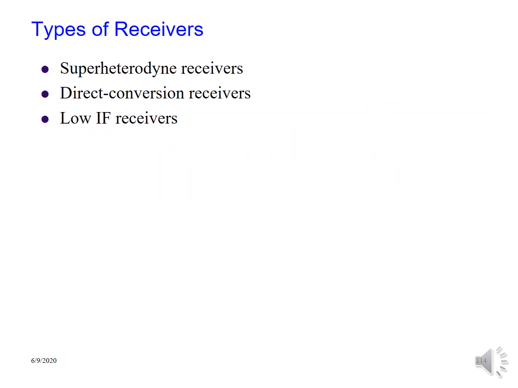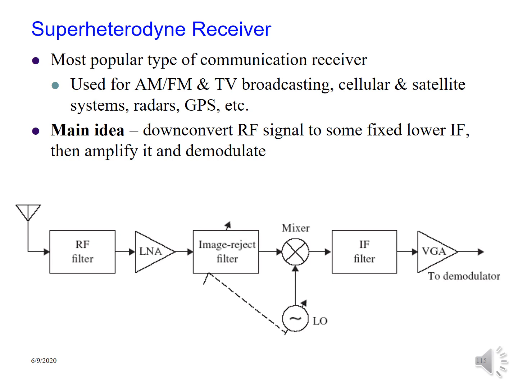In this syllabus, we will learn three types of receiver: the super heterodyne receiver, the direct conversion receiver, and the low IF receiver. The first one, which is the most popular, is the super heterodyne receiver.